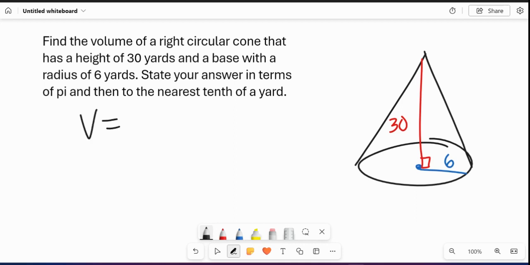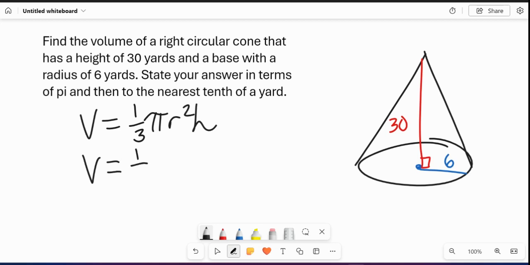The cylinder is pi r squared h, but the only difference with a right circular cone is that there is a 1/3 at the very beginning. So it adds a little bit of a wrinkle when we're plugging our numbers in, but it's not that bad. And again, when you multiply things by 1/3, it's the same thing as dividing by 3.